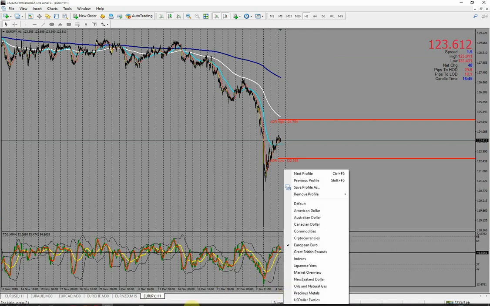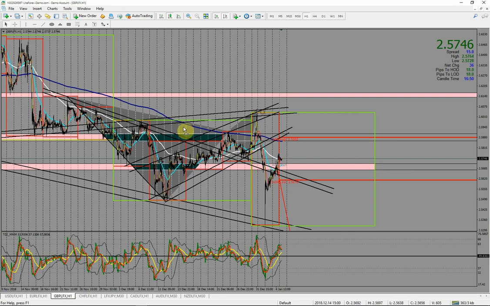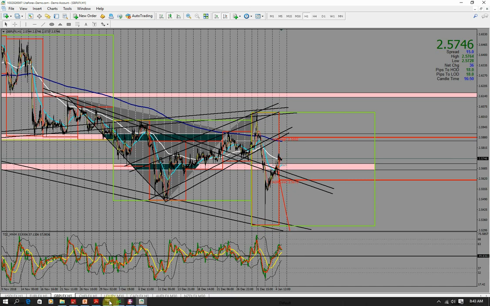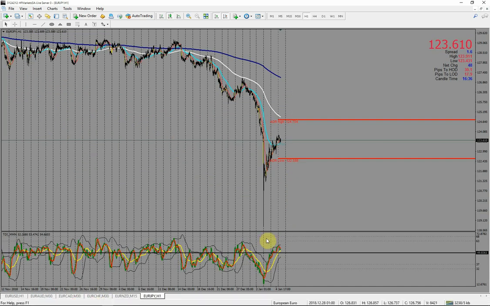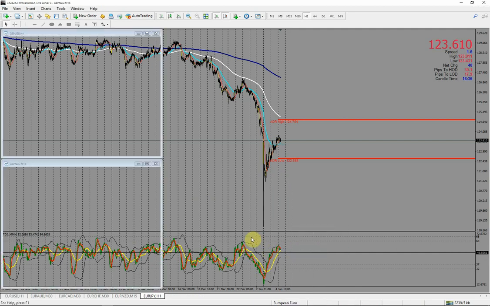So let's go to Light Forex again and check out how the pound is. The pound index is showing us a nice spike to the downside last week, Tuesday, Wednesday. So let's see how that has turned out in our trading charts. Let's go to the pound profile.